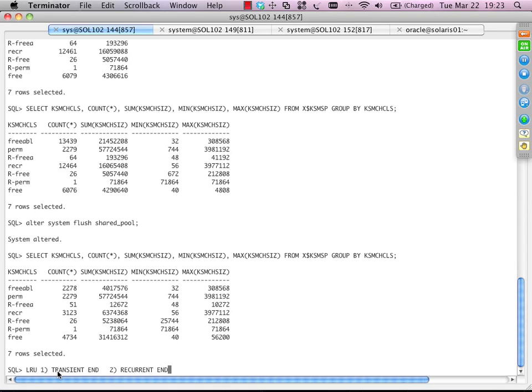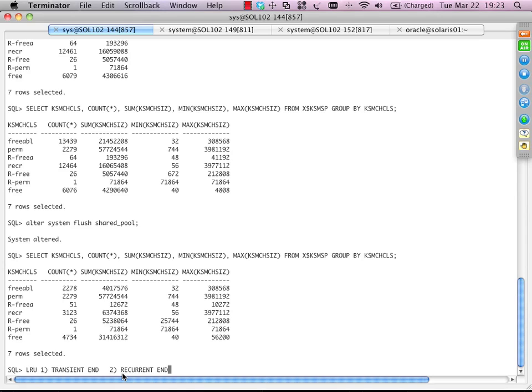But if you pin something again, if you execute the statement the second time, then you will have to pin it again. So that's a third pin already. And then once you unpin it, once the execute finishes, Oracle sees, oops, this guy has been pinned 3 times, therefore this is a chunk which is repeatedly used. And it will actually put it into the recurrent end of the LRU list.